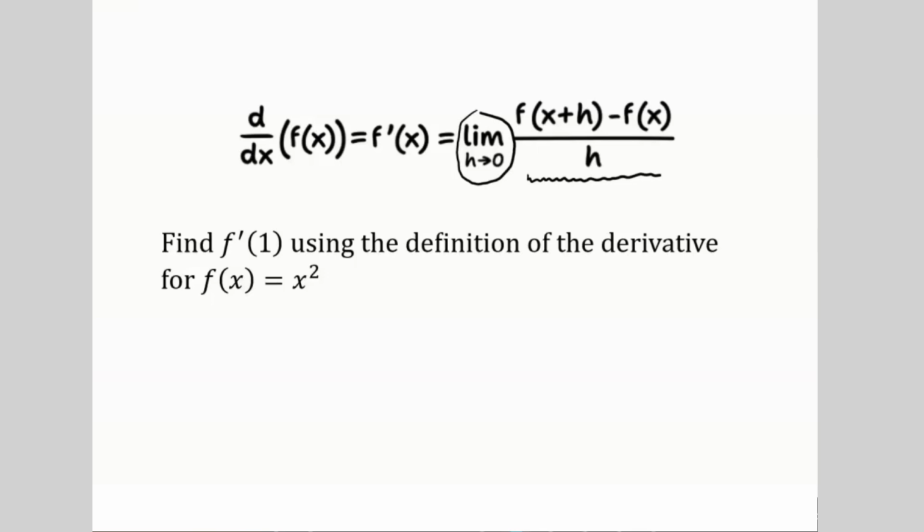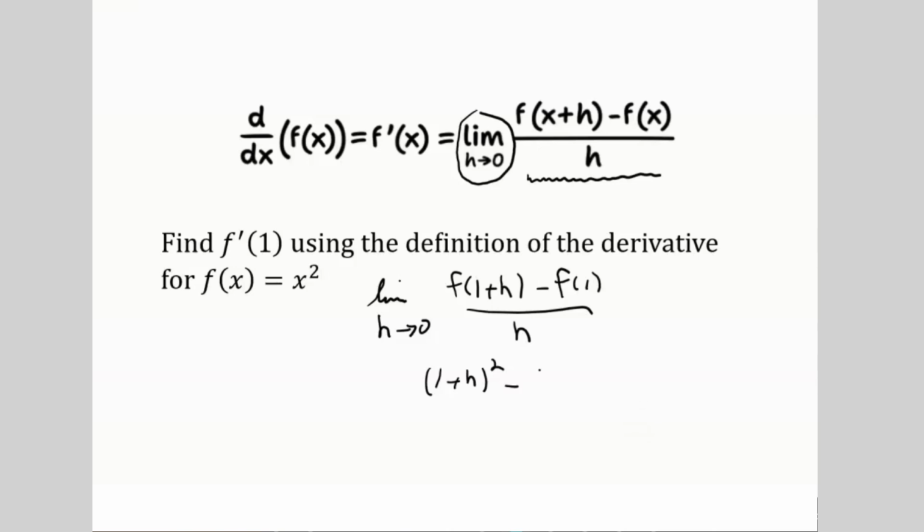All right, so let's find f prime of 1 using the definition of the derivative for f of x equal to x squared. We want to take the limit as h approaches 0 of f of 1 plus h minus f of 1, all divided by h. f of 1 plus h would be 1 plus h plugged into x squared, so we get 1 plus h squared minus f of 1.